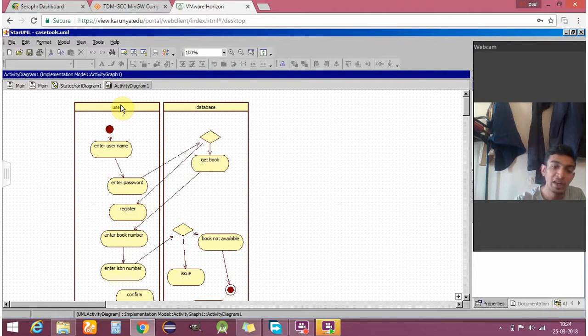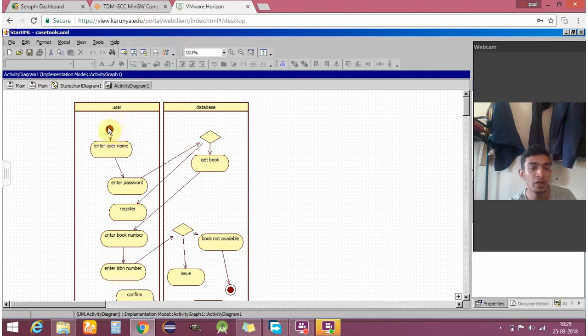For example, here I have two swim lanes, one is the user and the other is the database. And every function represented within the user happens with him. Either he initiates it or it happens in his scope. And it's the same with the database, it happens within the database or the administration ecosystem.